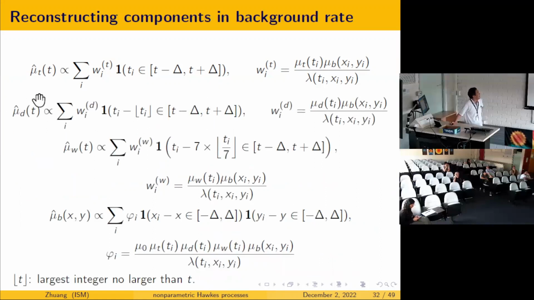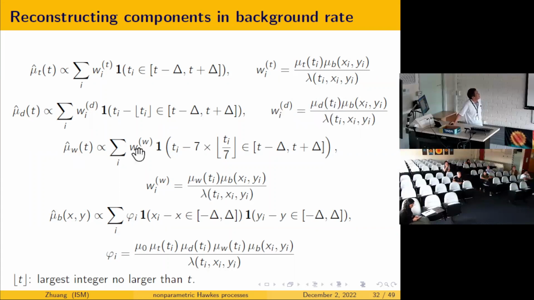After we design different innovation functions for the daily periodicity, we can define the weight this way.